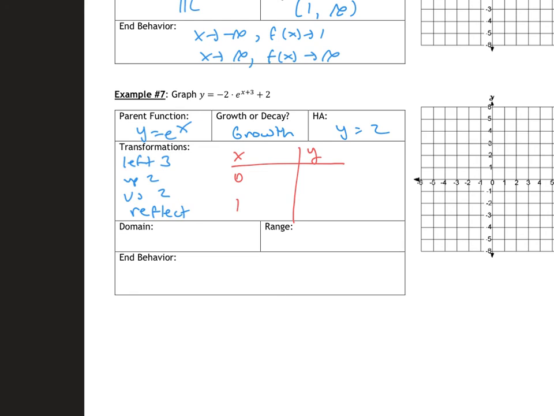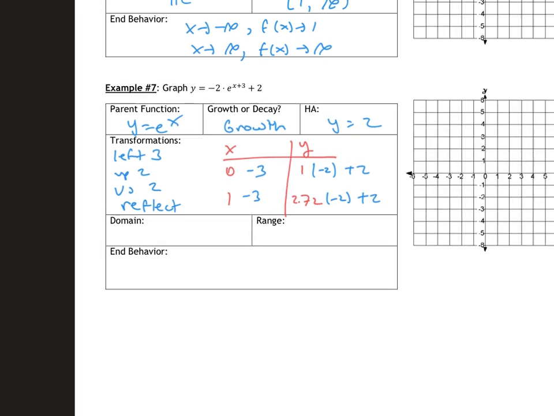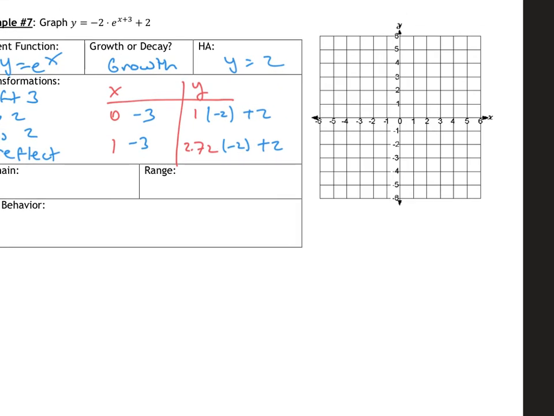So (0, 1), (1, 2.72). So remember, what I'm going to do here is go left 3. I'm going to bring these points down in a second. So I'm going to multiply this by the negative 2 out front, and then I'm going to add 2 as well. I'm going to bring these down here so that way I have room.